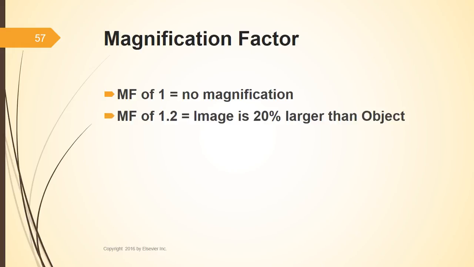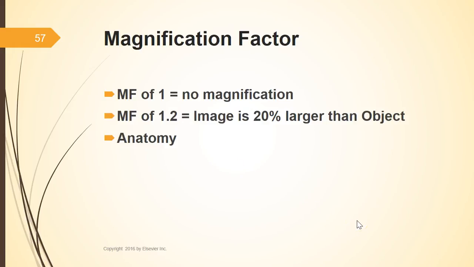For example, if you have a magnification of 1.2, that means the image size is 20% larger than the object size. If you know anything about fractions and decimals and percentages, 1.2, 0.2 is 0.20, which is 20%. So 1.2, 1 is the actual size, and then 20% larger.